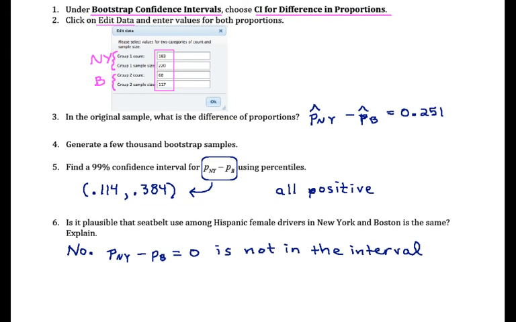And furthermore, the fact that it's positive and that New York comes first in the subtraction also tells us that we believe the proportion is higher in New York.